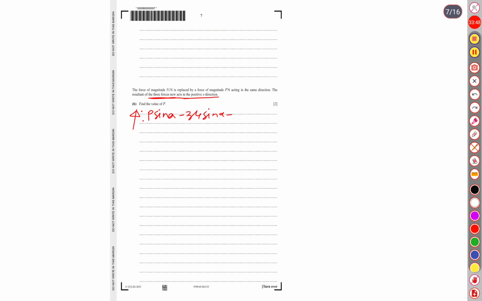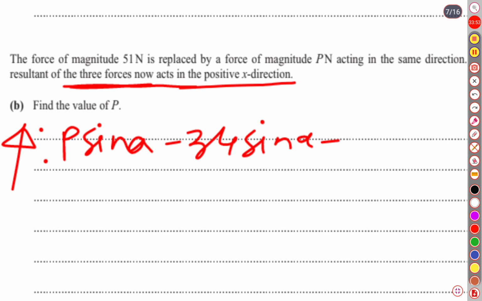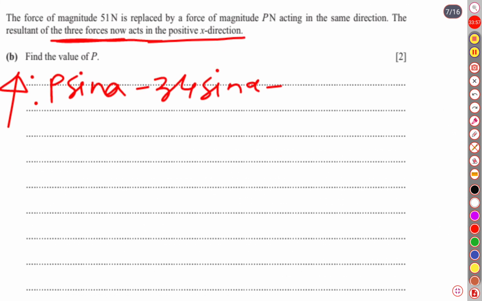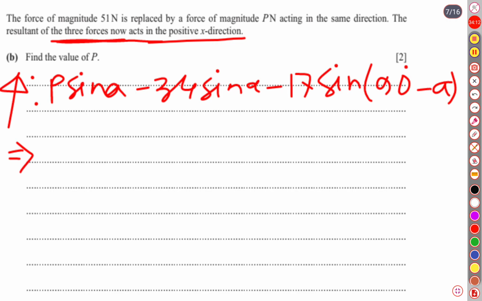17 sine (90 minus alpha), and we know that sine (90 minus alpha) is actually cos alpha, or P sine alpha, and we have already found the value of sine alpha.